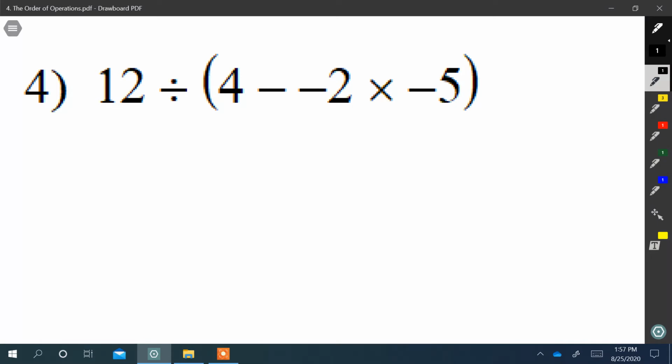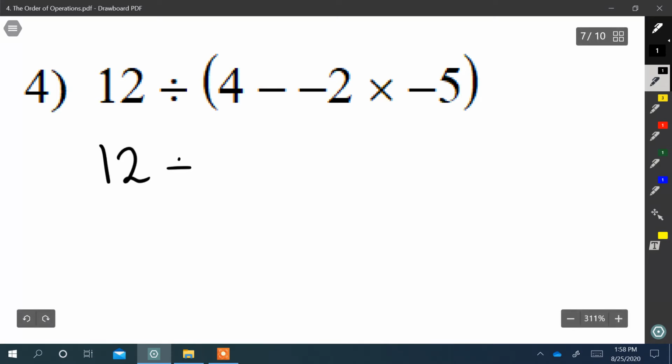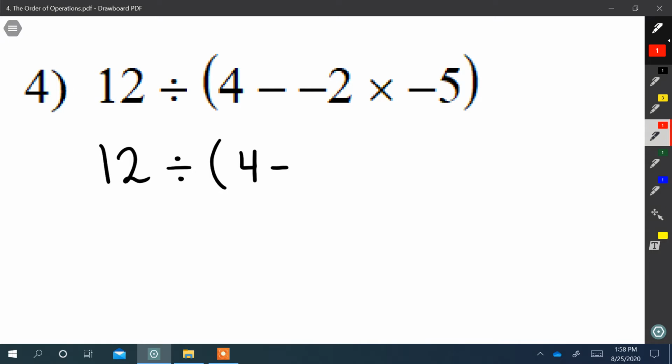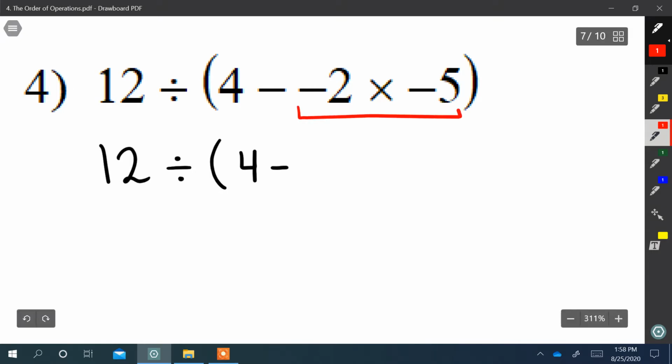Alright, so let's see if you got the right answer or not. So we got 12 divided by, be careful with this one, because according to PEMDAS, the first thing that we have to do is parentheses. But then inside those parentheses, we also have to use PEMDAS, which means I have to multiply first. So I have to multiply negative 2 times negative 5. That's the first thing I have to do.